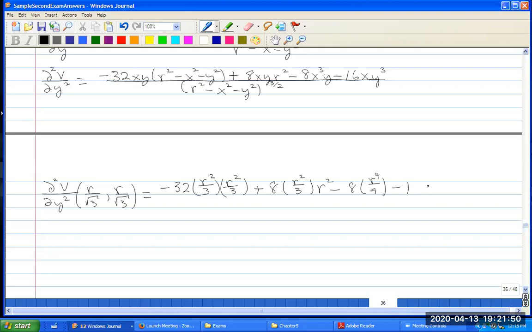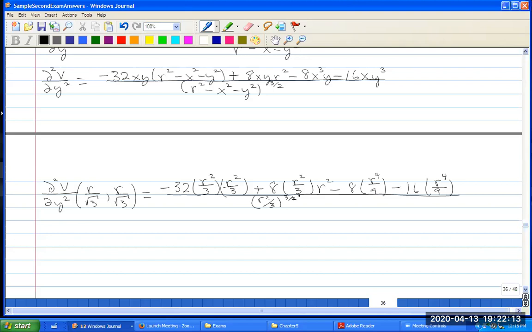This is also an r to the fourth over 9. And this is r squared over 3 to the 3 halves.